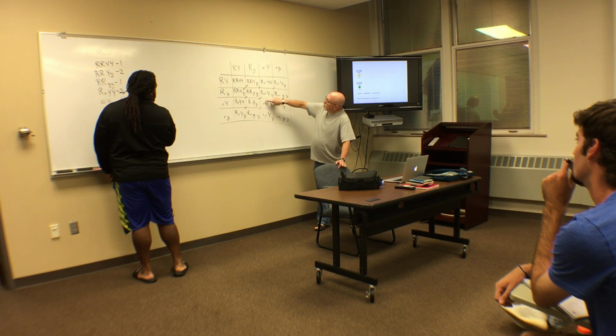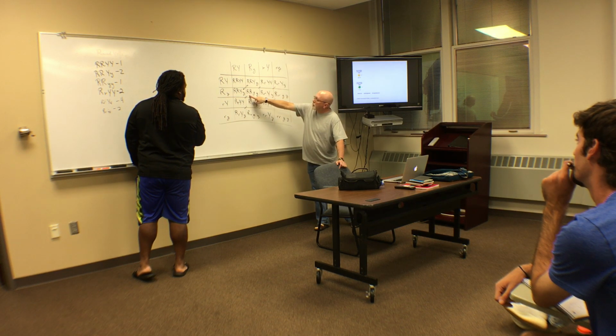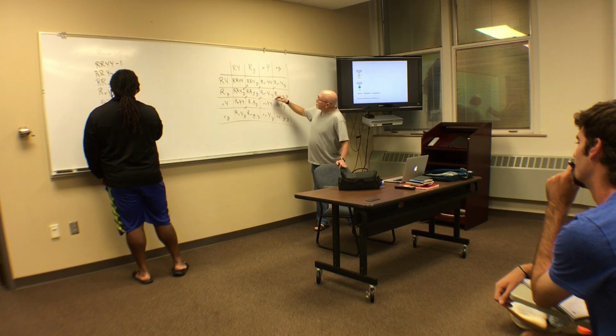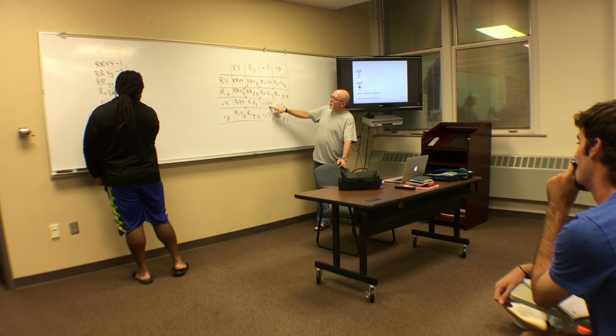Alright. Notice this is similar to that, except flipped. You have homozygous dominant for the first trait, homozygous recessive for the second. There's just one of these, homozygous recessive for the first trait and homozygous dominant for the second.